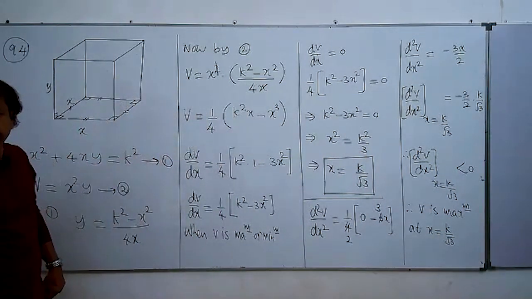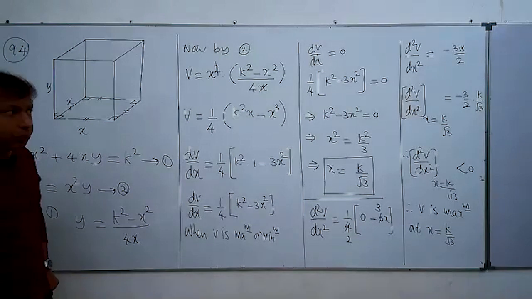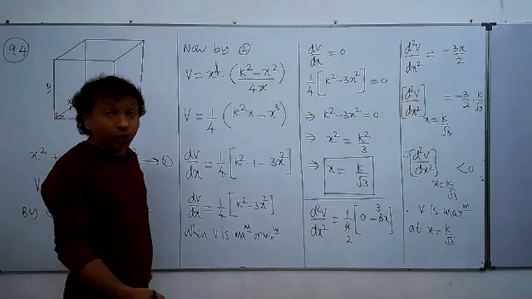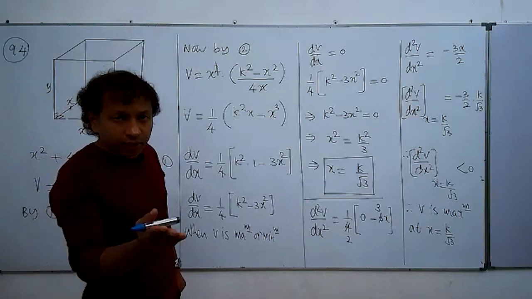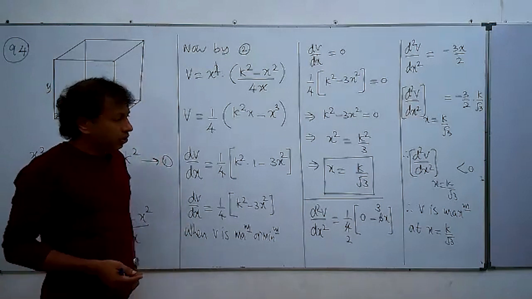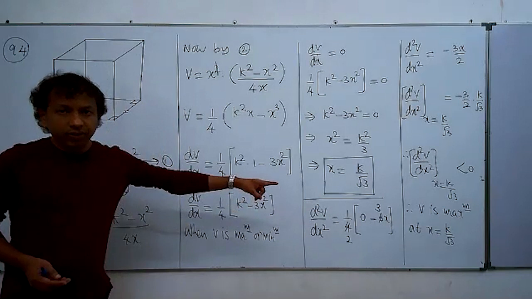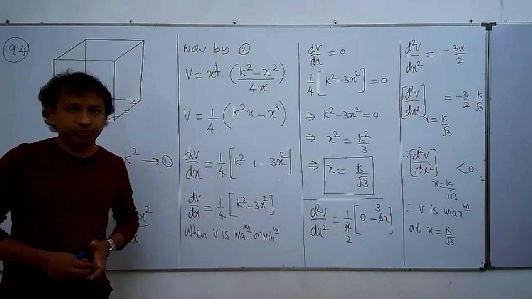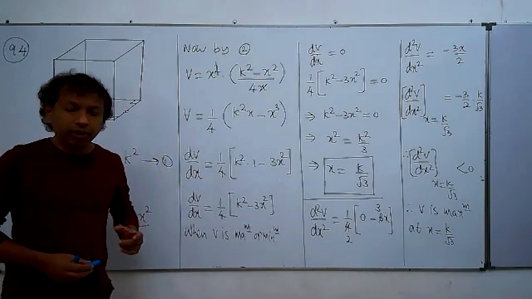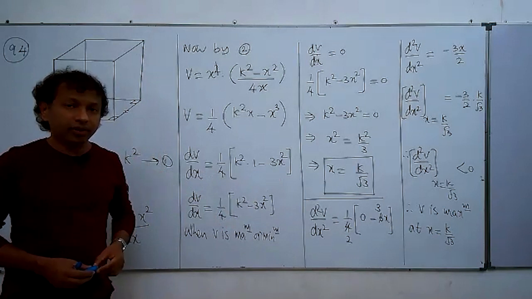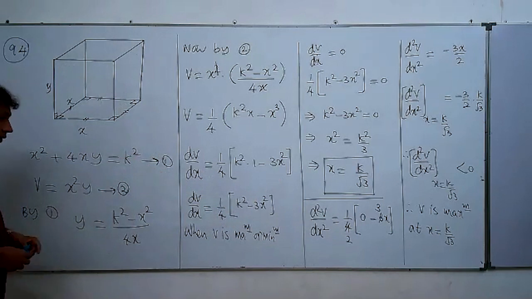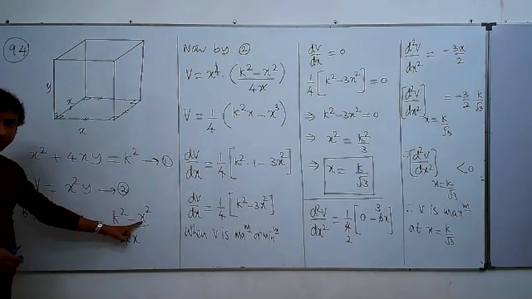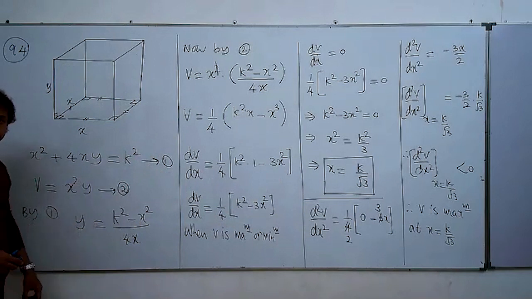That means, people, in order to maximize the volume, the length of the base should be chosen as k upon root 3. Then we have to decide y. Y can easily be decided: that x value we found, we can put here and, simplifying, we can take y.